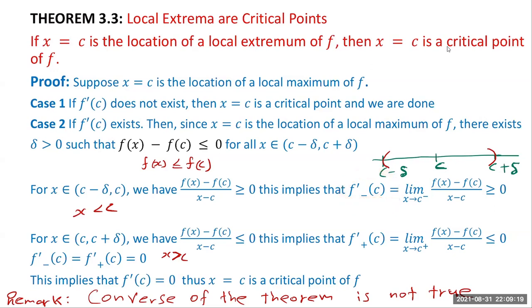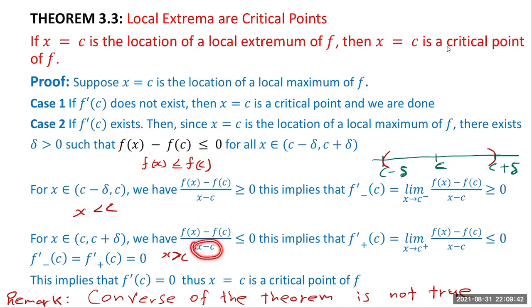Okay. Similarly, next I am going to focus on the right half of the interval. I'm restricting my x to the interval c comma c plus delta. In that case, again, let's look at this quantity. f of x minus f of c is less than or equal to 0 because of this.